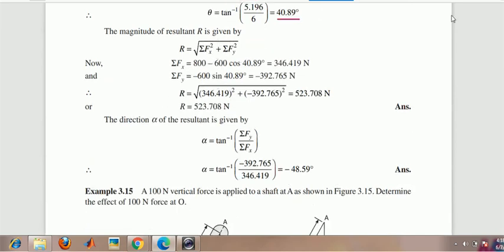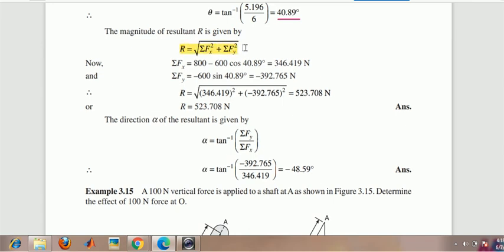You can observe here the equation: the resultant is equal to the square root of summation of Fx squared plus summation of Fy squared. Now Fx means horizontal, and we have only one force, 800, and the horizontal component of the inclined force.